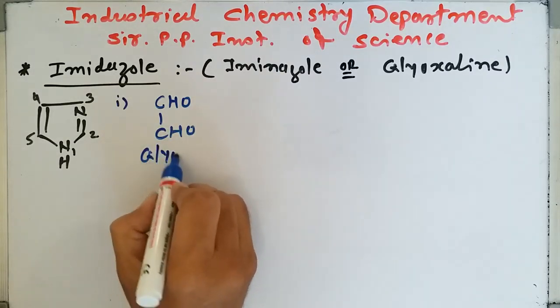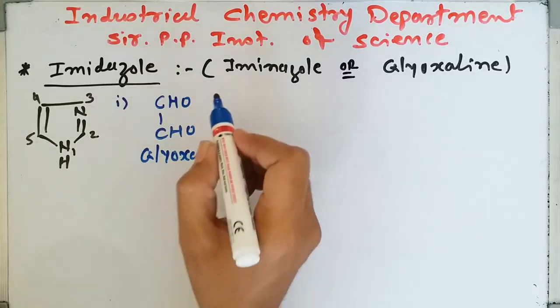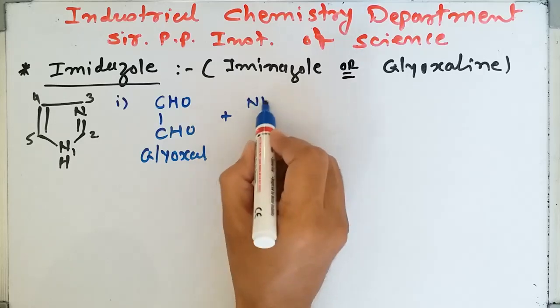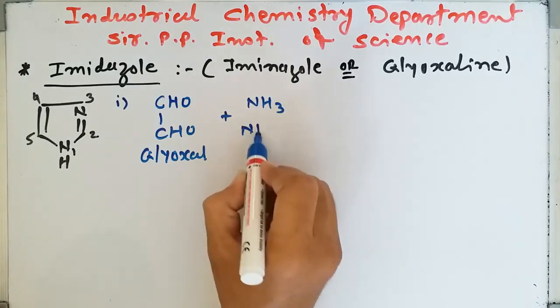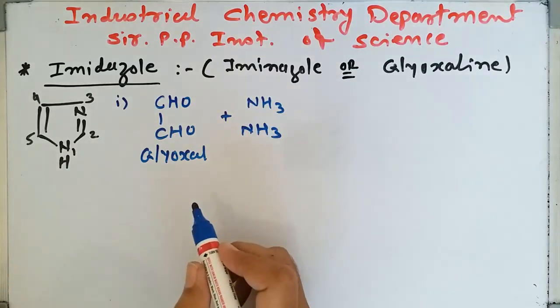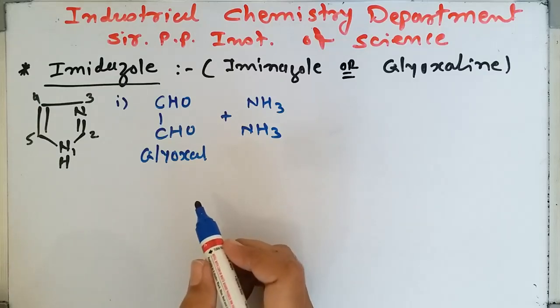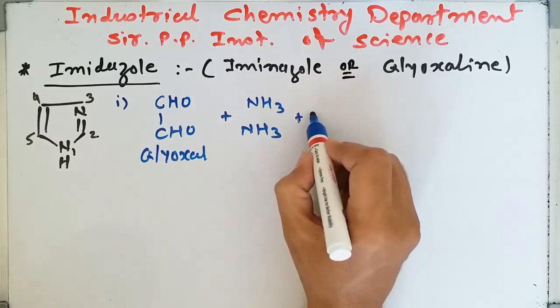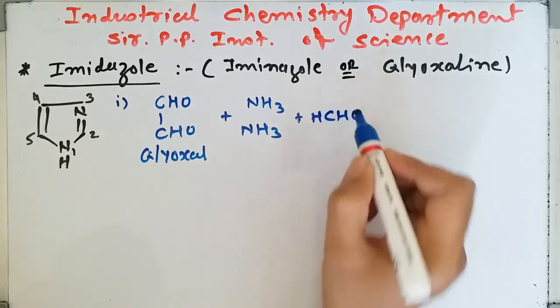This is glyoxal. 2 moles of NH3, ammonia, and one compound, formaldehyde, HCHO.